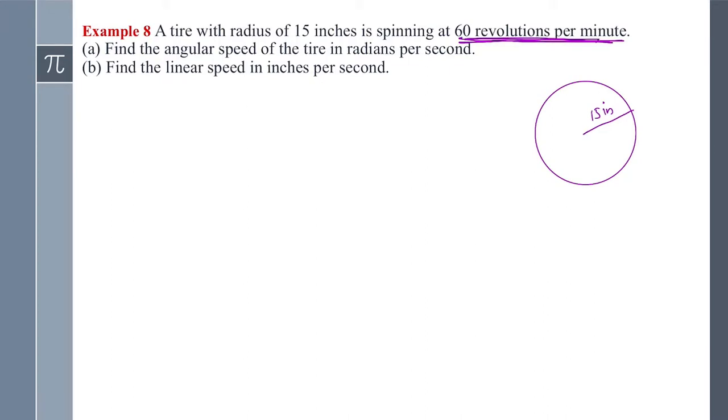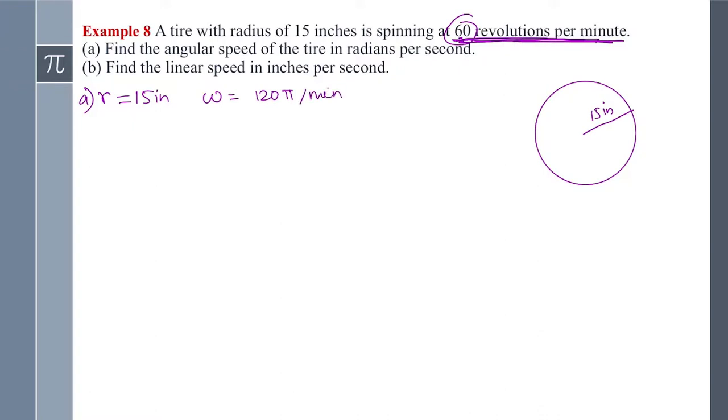One revolution is 2 pi, the angle made per revolution, but we have 60 revolutions here. So the radius equals 15 inches. Now the angular velocity is 60 revolutions per minute, and 60 revolutions means 60 times 2 pi, which is 120 pi. That is the angle per minute.